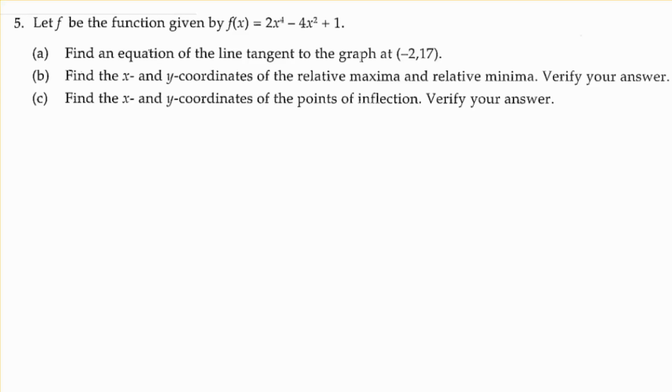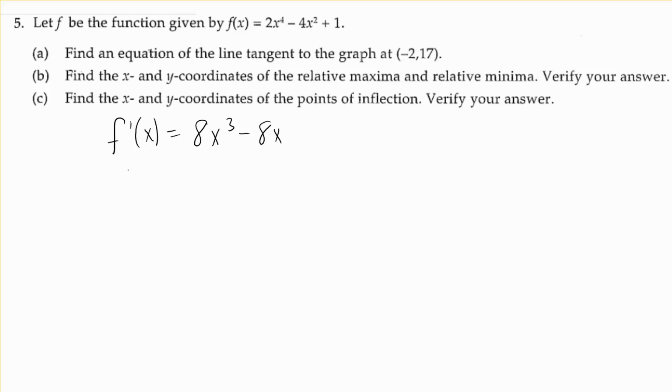Find an equation of the line tangent to the graph at -2, 17. To find the equation of a line tangent, we want to find the derivative to find the slope of the tangent. So the derivative of function f, using the power rule, is 8x cubed minus 8x.